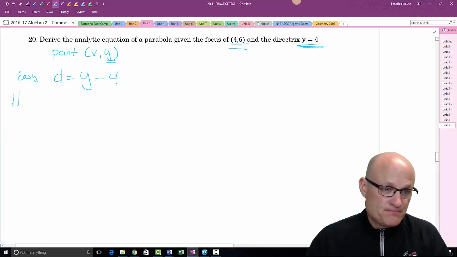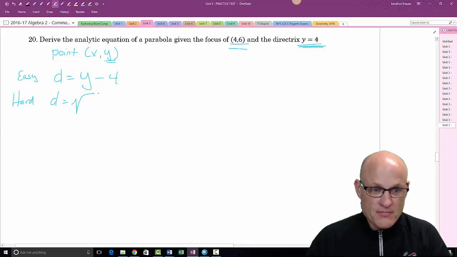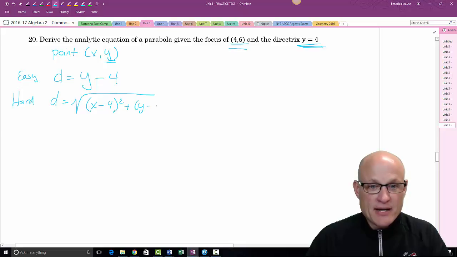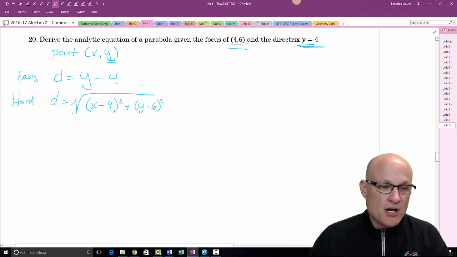The harder one is the distance between the two points. And that would be the square root of x minus 4 squared plus y minus 6 squared. All right.